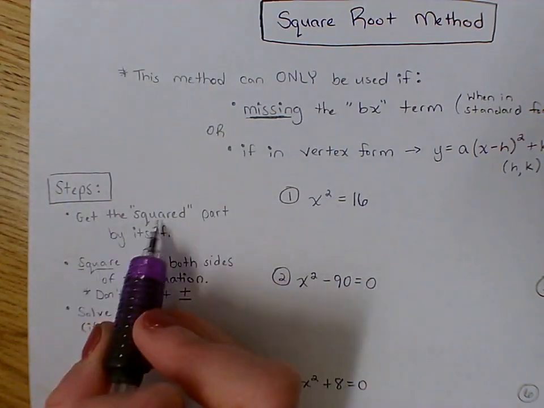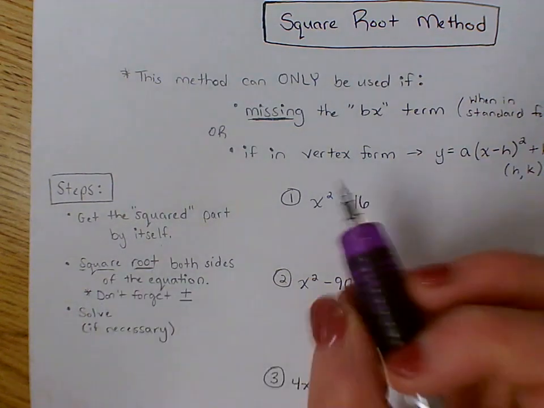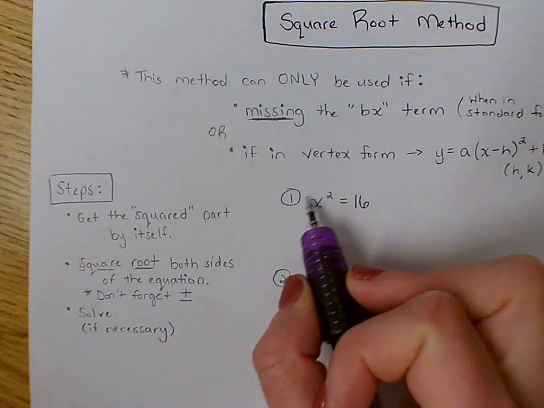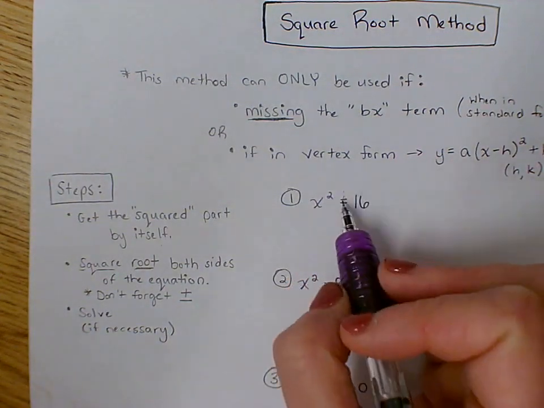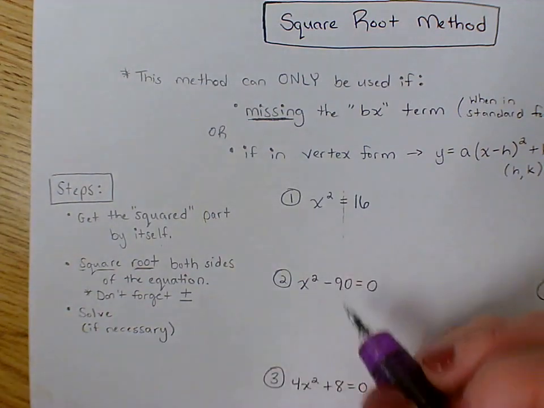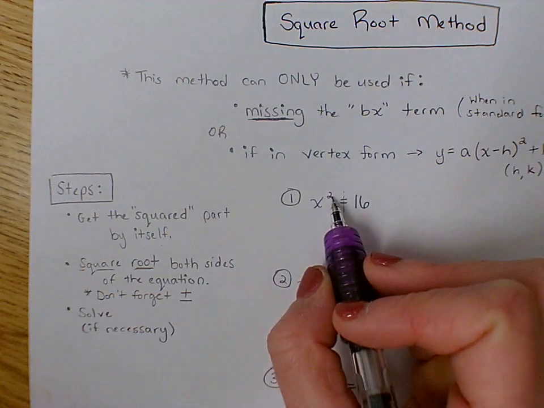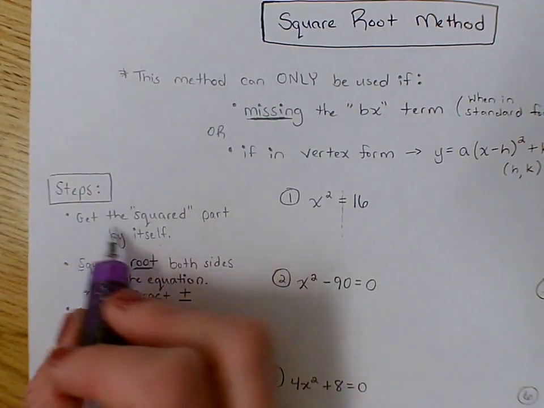Okay, so the first thing is you get whatever is being squared by itself. So if I look, my x is being squared. And if I look at that side of my equal, like if you need to put a little wall to see the separate sides of your equation, you can. But if I look at that side of the equals, that's the part that's being squared, and there's nothing else on that side with it, so that part's already been done, okay?